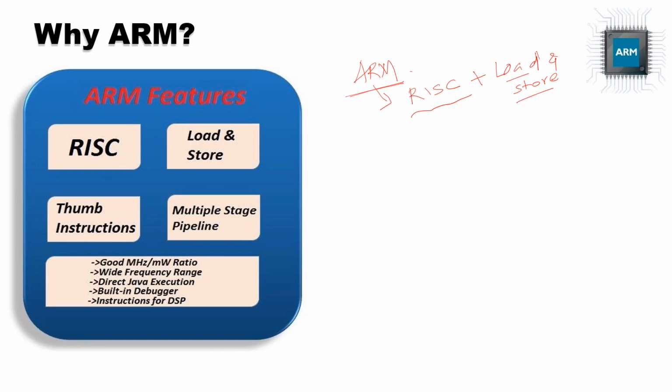If the ARM board is 32-bit, ARM instructions are 32-bit, and Thumb instructions are 16-bit. So we need not write instructions for 32-bit; we can write instructions which carry 16 bits also. This is one advantage.